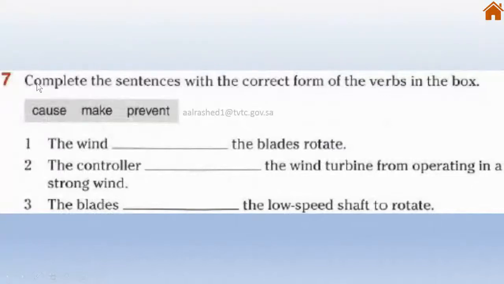Okay, for seven, we need to complete the sentences with the correct form of the verbs in the box. So cause is used if something is the reason for something to happen. Make, to force someone to do something. Prevent, to stop something from doing something.